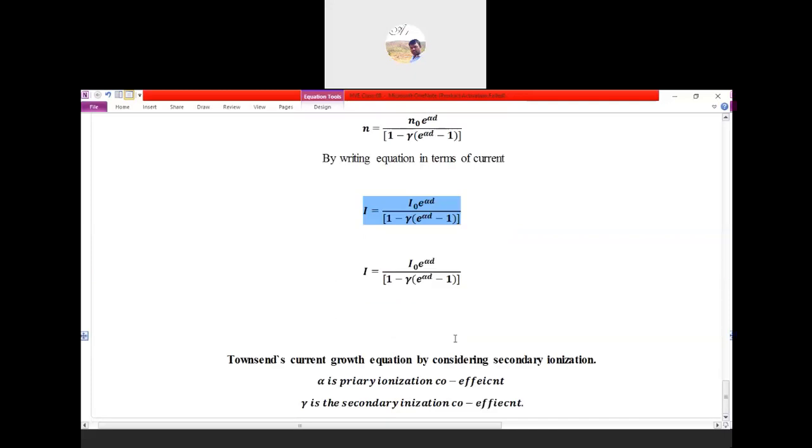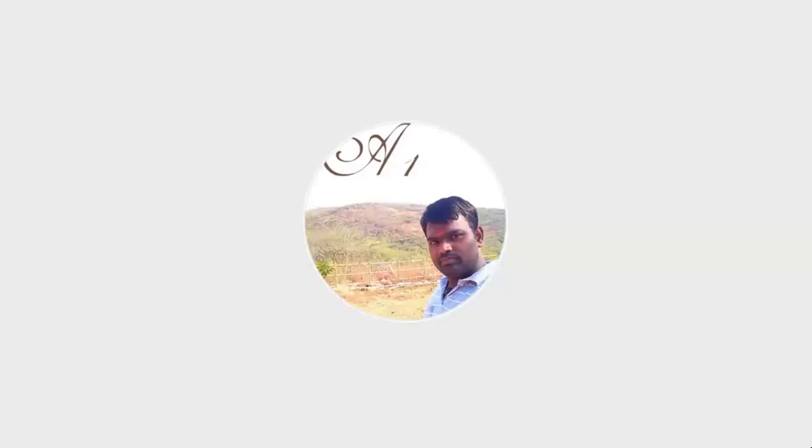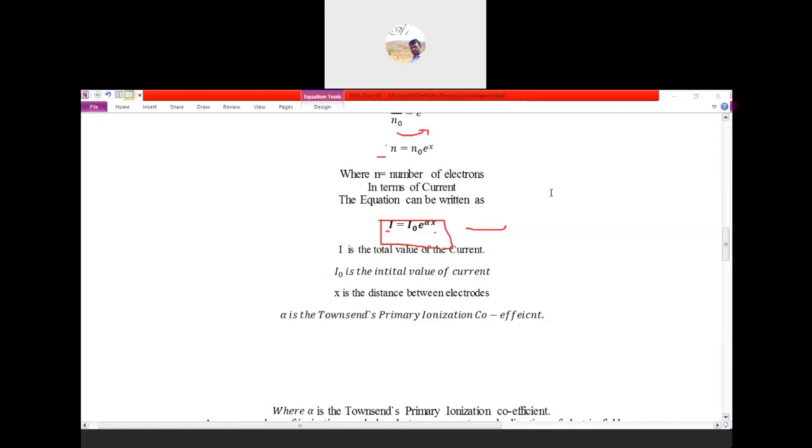Simplifying, n naught plus n naught gamma plus gamma n, and so on. Here one term is positive and another is negative, so we cancel both of these terms. From that we get n naught plus gamma n by 1 plus gamma.